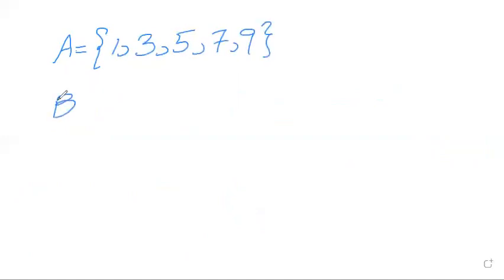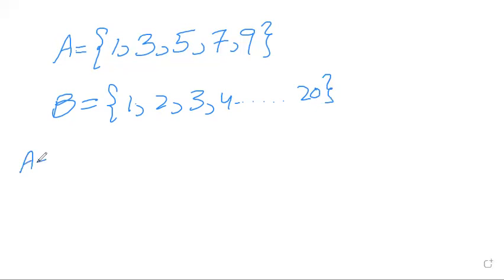Set B is 1, 2, 3, 4, so on till 20. You have to find A minus B and B minus A. Can you try this, please? I'm waiting. Let me know, okay?